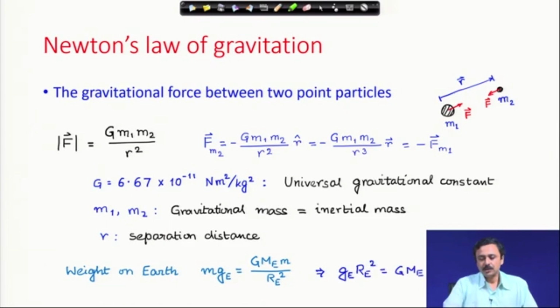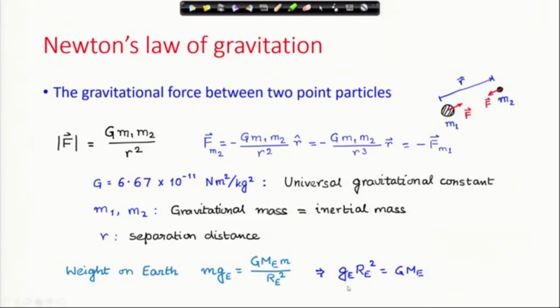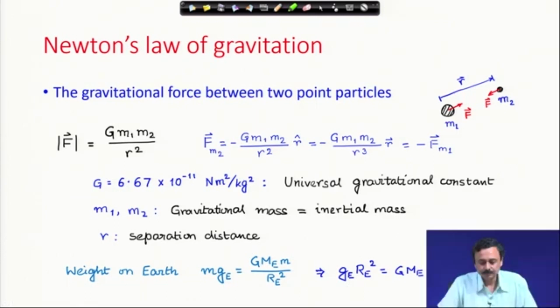From here you can get the acceleration due to gravity on the surface of the earth times radius of the earth square is equal to capital G into mass of earth. Sometimes we will replace this capital G into m e by acceleration due to gravity times radius of the earth square.